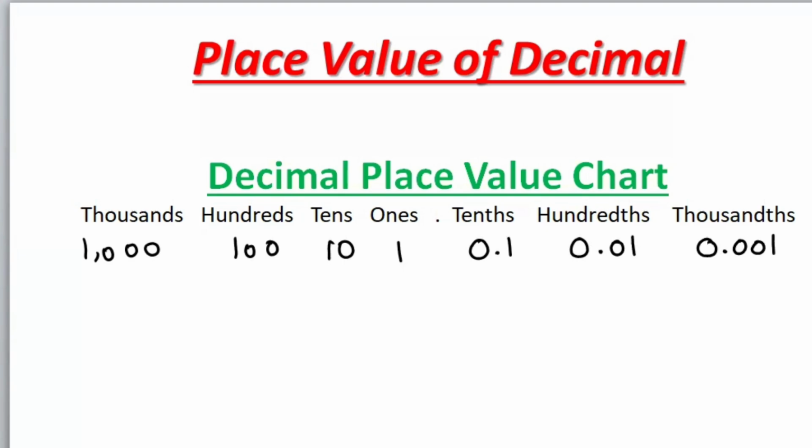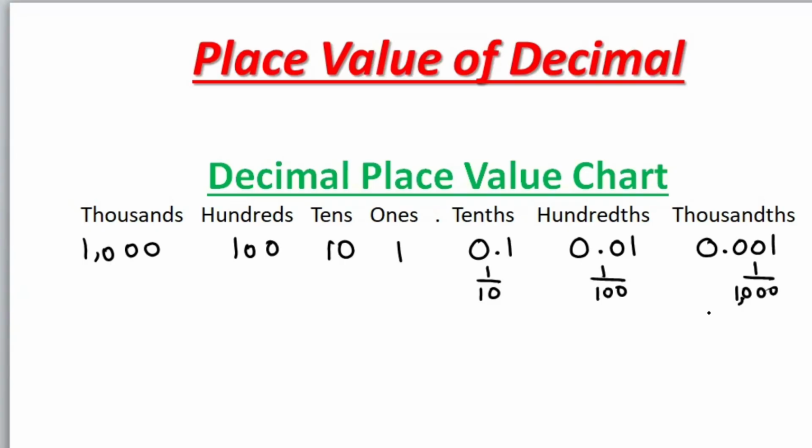It will go like that. Or you can say tenth is equal to, if it's showing the fraction part, 1 by 10. It will be 1 by 100, or 1 by 1000. Okay. This is the decimal place value chart.